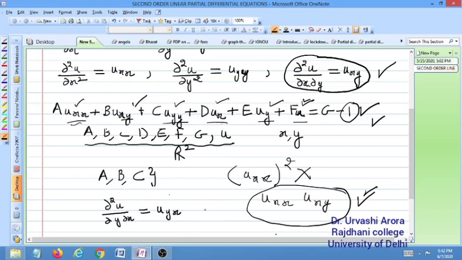And in general, uyx is not equal to uxy. So in general, these two mixed second order partial derivatives are not equal.